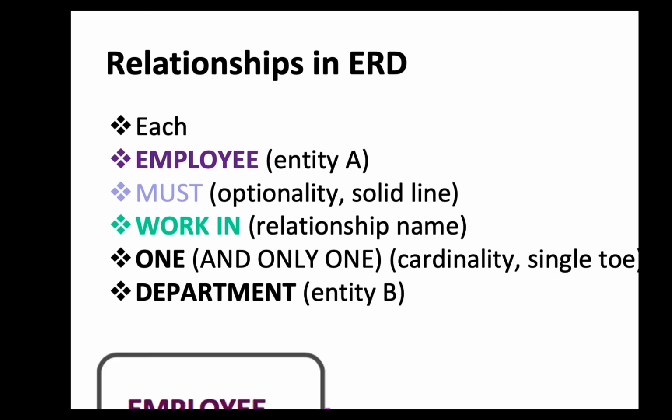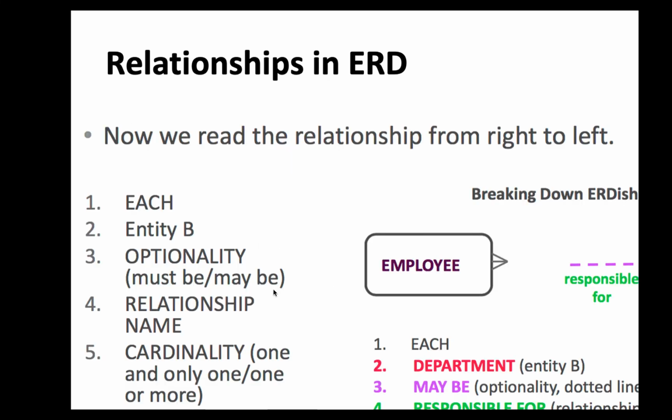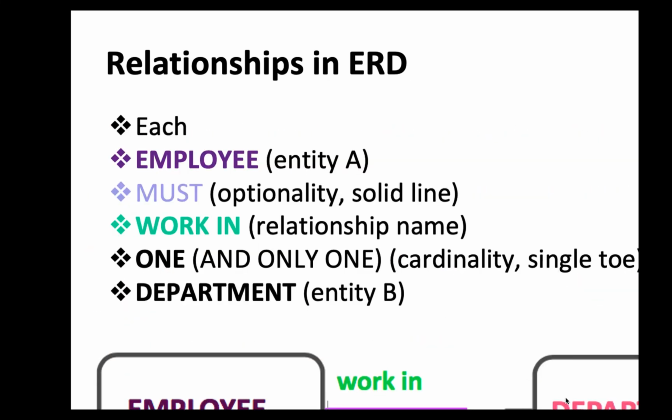This is employee, so for must we will add a solid line. Work in is the name of this relationship, so we will write here work in. Another entity is department, so we will draw another entity, department. And for this one, single toe, it would be just connected.